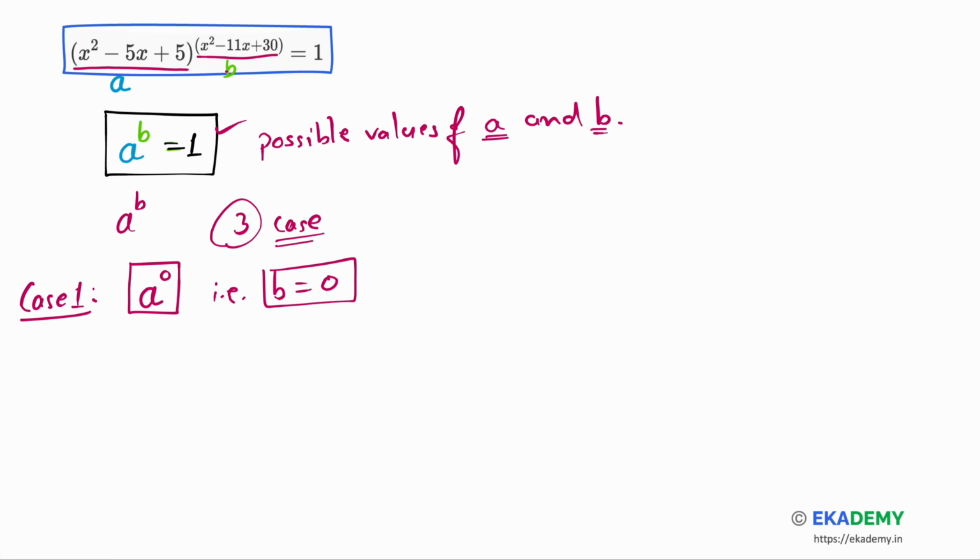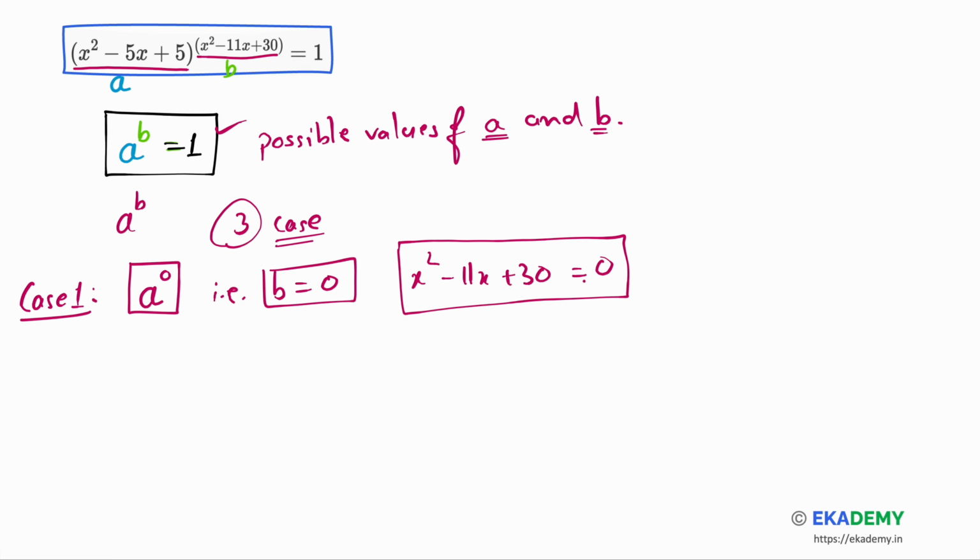That means b equals 0 means this x square minus 11x plus 30 equals 0, right? So this was b, right? So if this whole thing becomes 0, that satisfies this equation and the left hand side of the equation will be 1.